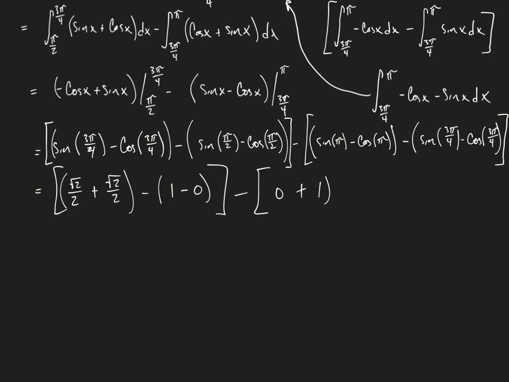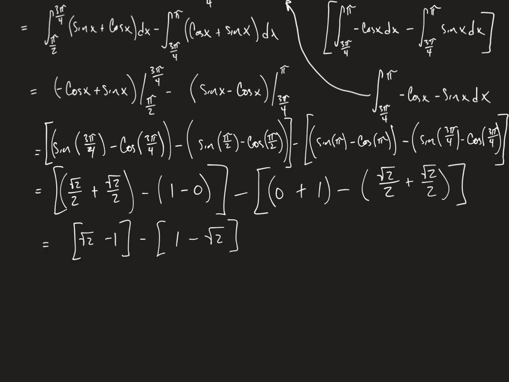It's plus 1. Okay. Minus sine of 3 pi over 4, we've already established that that is radical 2 over 2. And cosine of 3 pi over 4, we've already established is negative radical 2 over 2, so that sign is going to change. All right, so we've got this here.